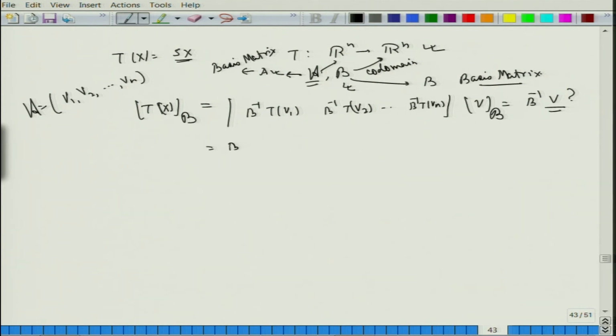Then you took B inverse outside, and T of V1 is S of V1, S of V2, S of Vn. So this was the same as B inverse of S of V1, V2, Vn, but these are in the standard basis.